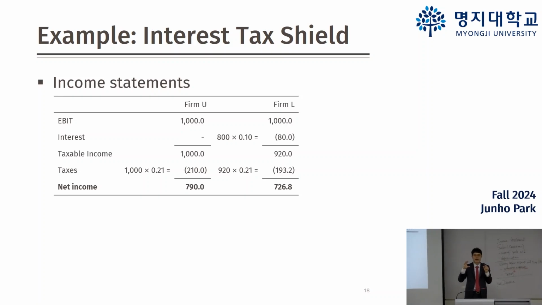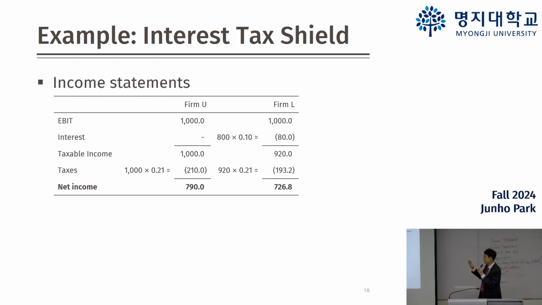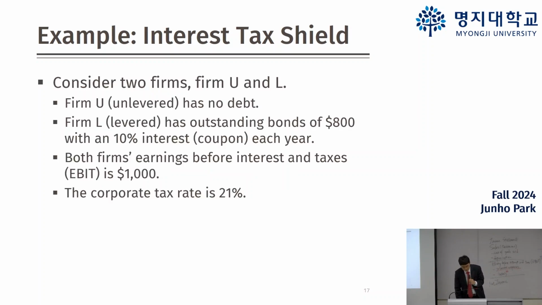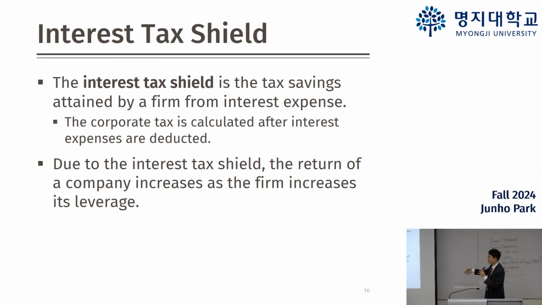This was not an intention. However, somehow they were able to save some of the cost. So this is the side-effect benefit of having debt in their company. Therefore, we should also take this fact into consideration.